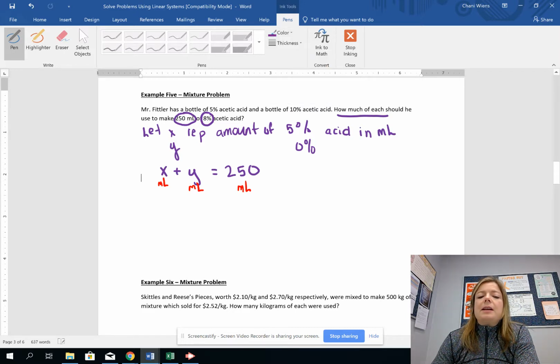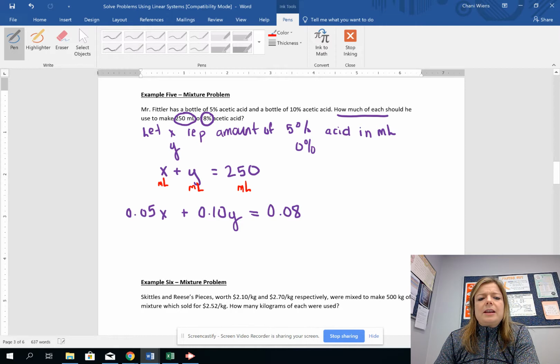I'm talking about this because our next equation is a little bit trickier. If we have our 5% acid times the amount that we put in, and then our 10% acid times the amount we put in, a lot of students just write the 8%. Now, what is wrong with this? This is incorrect.